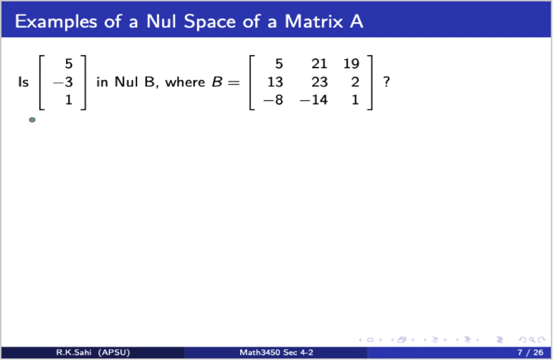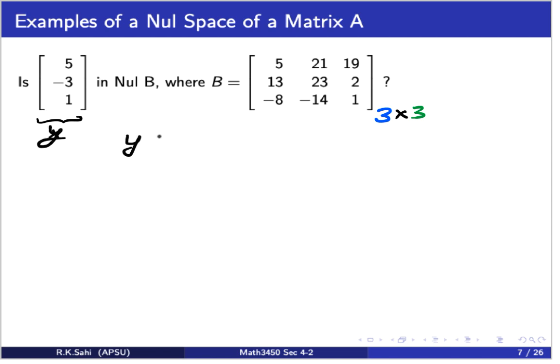Now in this example, I'm asking, is the vector 5 minus 3 and 1 in the null space of B, where B is a 3 by 3 matrix. Okay, B is a 3 by 3. So just to emphasize the rows and the columns, if it is an element of null space of B, suppose this is the vector y, it doesn't matter.